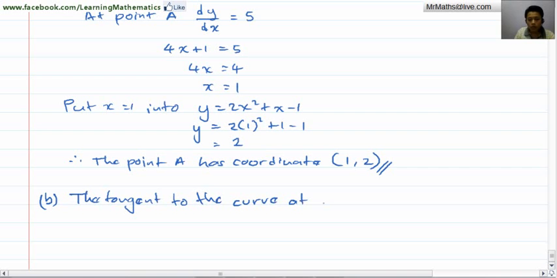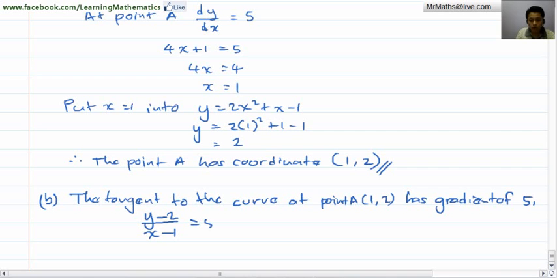At point A (1, 2) has gradient of 5. And as such, then y minus 2 over x minus 1 is equal to 5. This is the gradient formula.